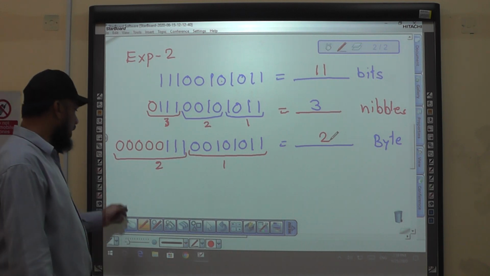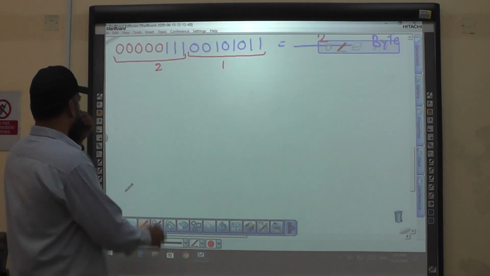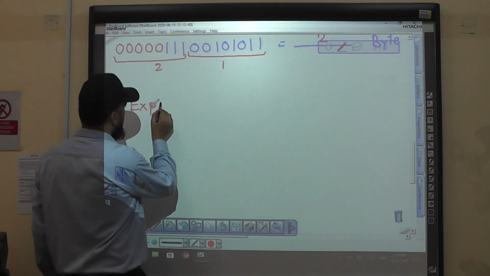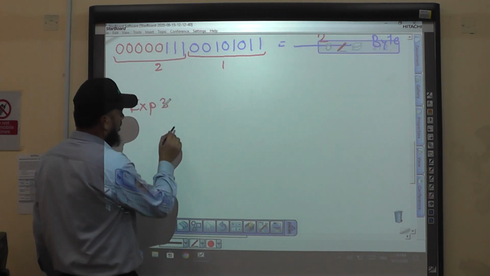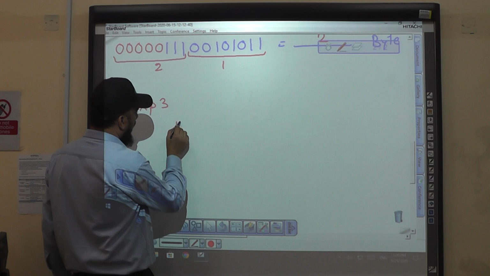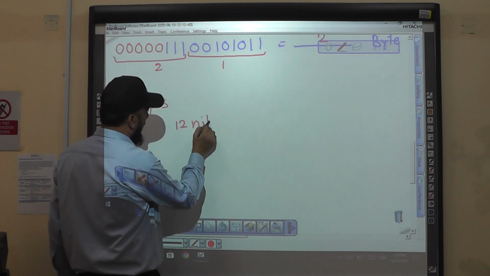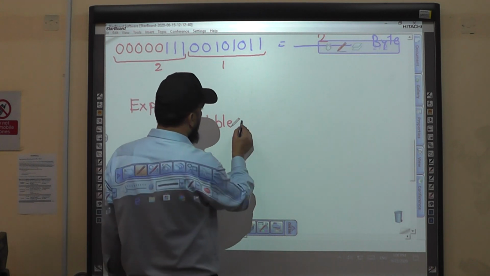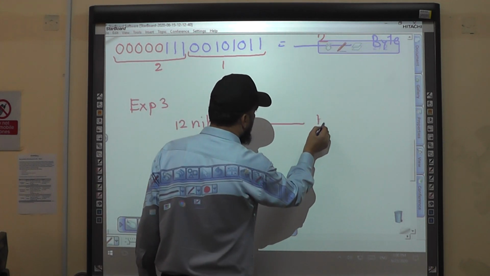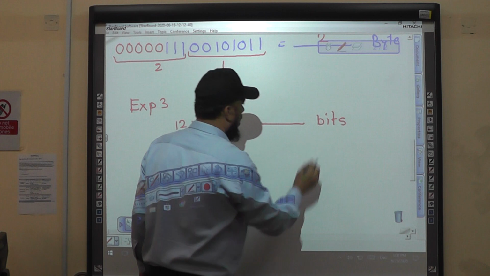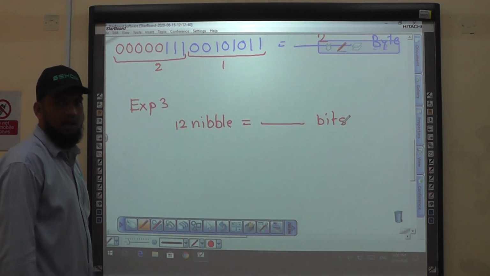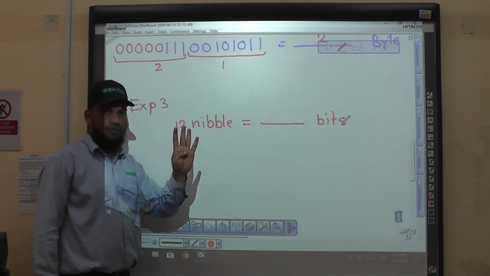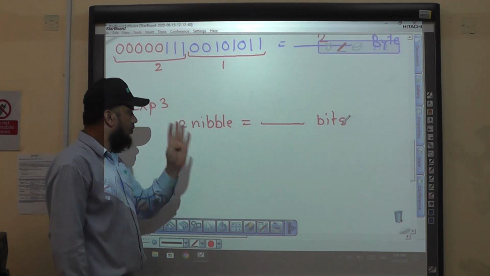Okay. You may have another question. For example 3, the opposite of these questions: 12 nibbles equal to how many bits? As we know, the nibble is a group of 4 digits.